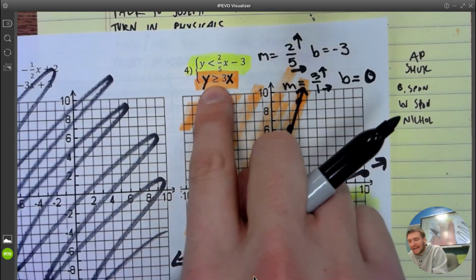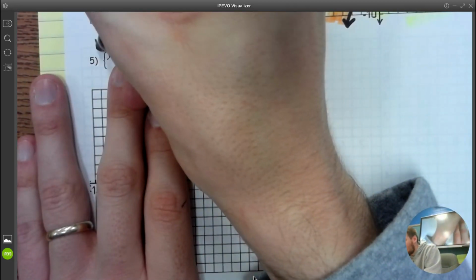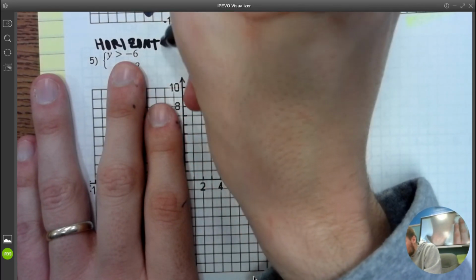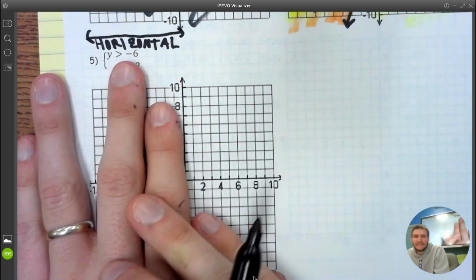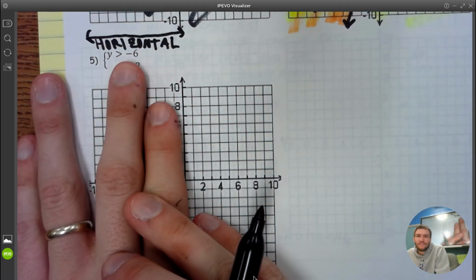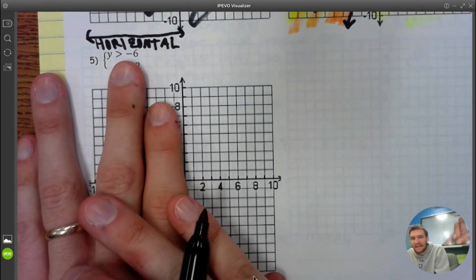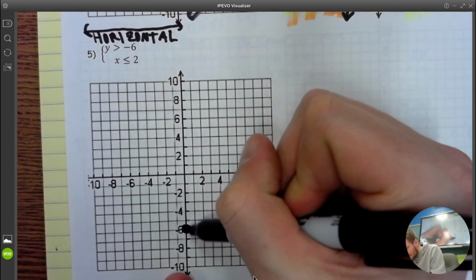This one has Y and X. This one right here, only a Y. So we're going horizontal. This has to be a horizontal line. And horizontal lines go side to side like that. So if these lines are going side to side, I'm going to put my dot at -6.